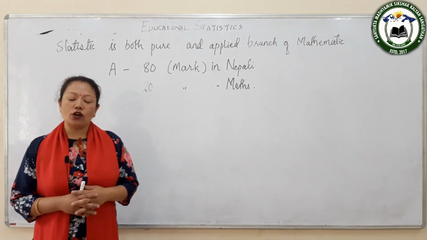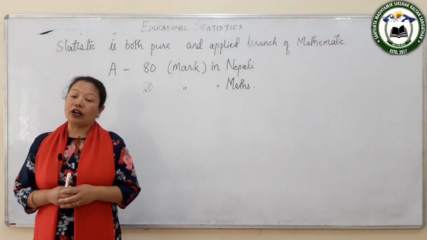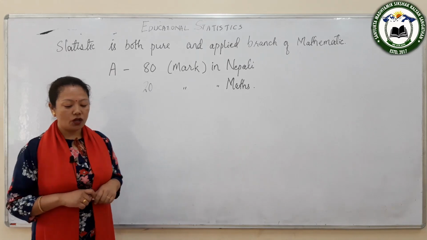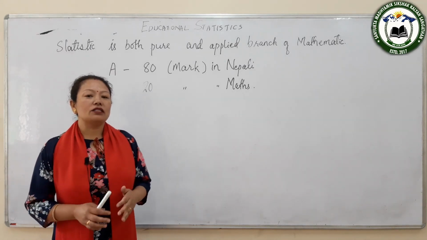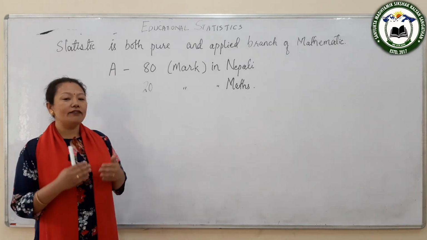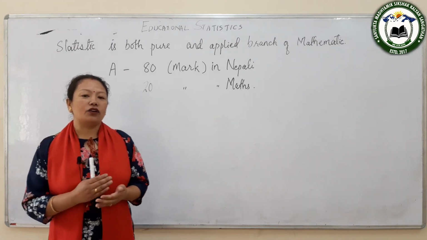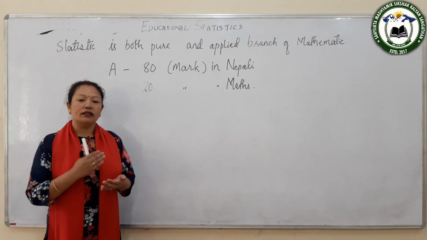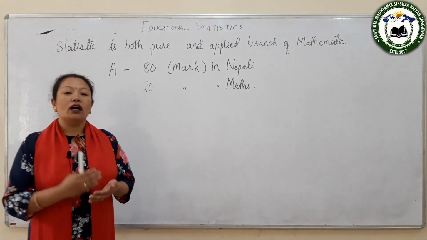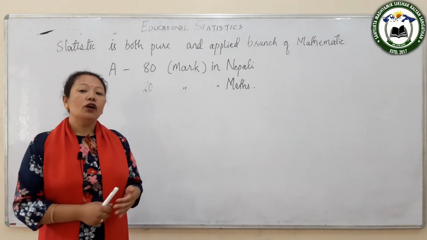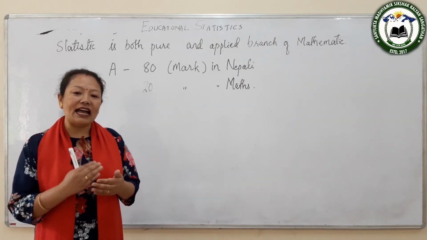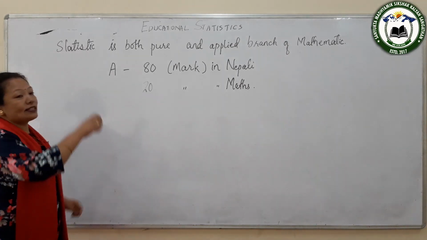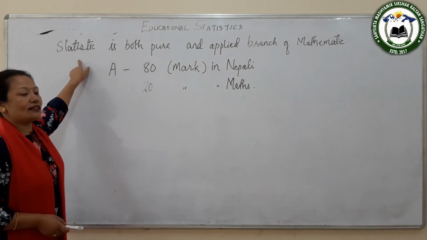The performance of the students is recorded in numericals, that means numbers. Those marks which are obtained by an individual are called the raw data. And to interpret the data, we need a scientific study which will help us to analyze those data. Here, that scientific study is called statistics.